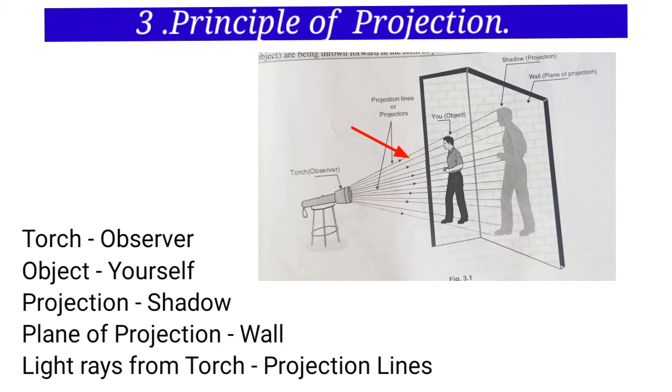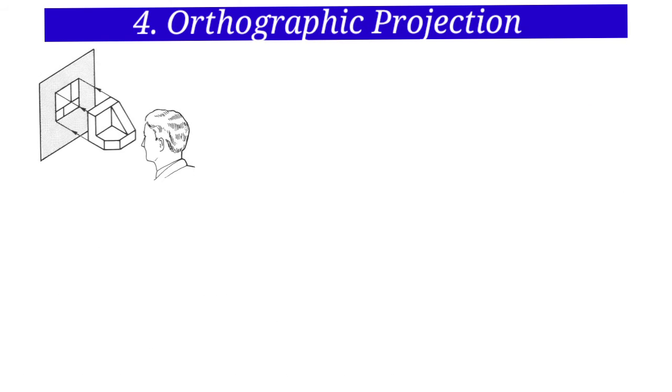The word projection is of Latin origin and its meaning is to throw forward. In this case, you, that is the object, are being thrown forward in the form of your shadow as a projection.